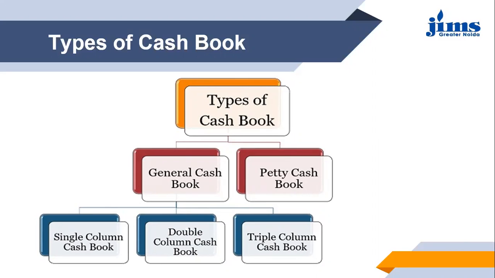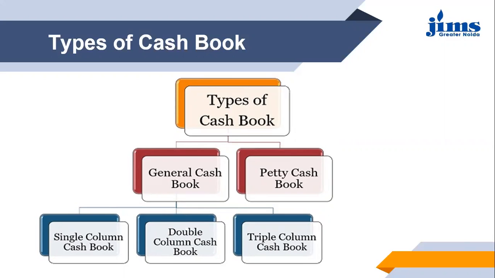Going further, the general cash book can be of three types: single column, double column, triple column. There is no difference in the format of the cash book. It is only how many amount columns the business requires in the cash book. The general format will remain the same. Only the single, double, or triple column cash book will differ in the number of amount columns they have. In the single column, you have only one amount column.